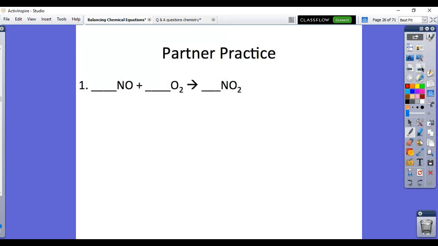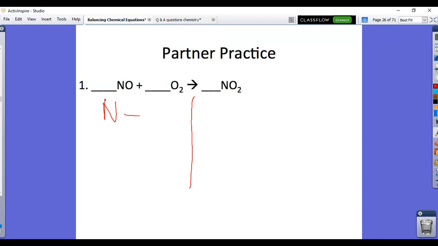All right, so this is what we have. This one's a little different, but I'm still going to show you that we've got to separate the different elements. So nitrogen does not have a number, so that means it's 1.